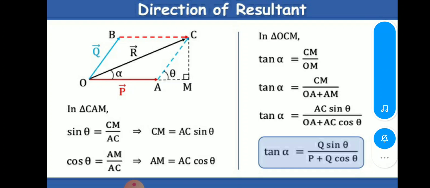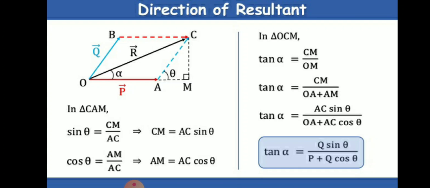Now let us take the triangle OCM. For that triangle, tan alpha is equal to CM divided by OM, that is opposite side divided by adjacent side. Adjacent side is OM and CM is the opposite side. So tan alpha is equal to CM divided by OM, which is equal to OA plus AM.